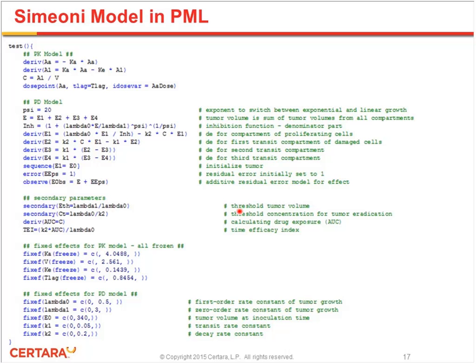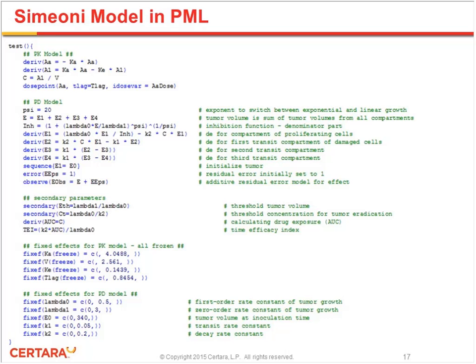This is the tumor volume when it switches from exponential growth to linear growth. We also have a threshold concentration for tumor eradication. This is also very helpful because this concentration is useful to predict new dose levels or new regimens, where the goal is to stay above this threshold concentration in order to really eradicate the tumor.